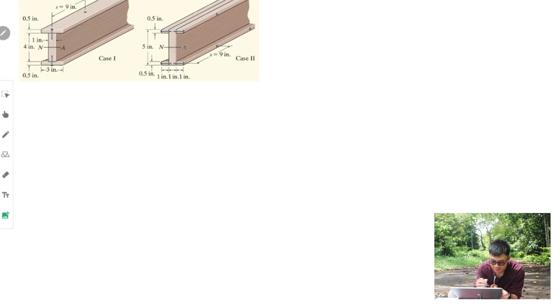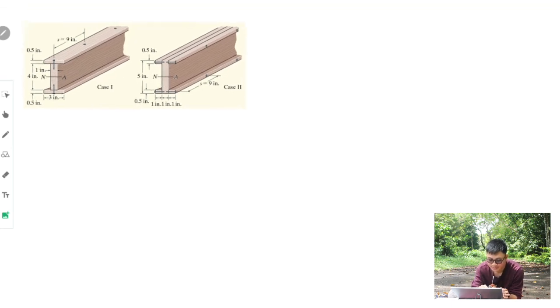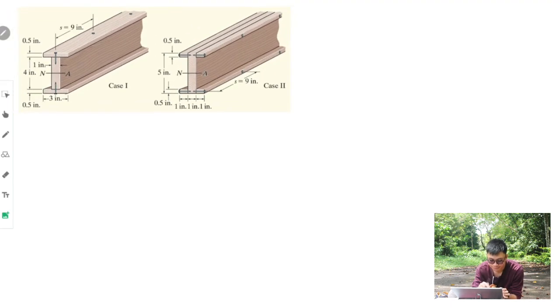What V do we need to utilize the strength of our nail, or the maximum V we can apply to that board so that the nail will not fail? Okay, so that is the problem.